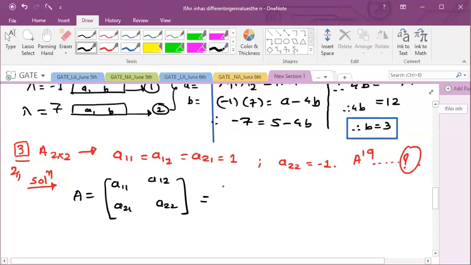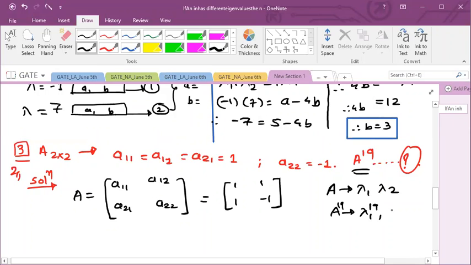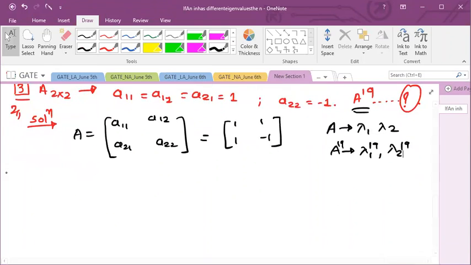Here we are given that these 3 elements are 1 and A22 is -1. So this is your A. We all know that if I know the eigenvalues of A, then I can find the eigenvalues of A19 by the properties: lambda 1 to the power 19 and lambda 2 to the power 19. So first let us find the eigenvalues of A.